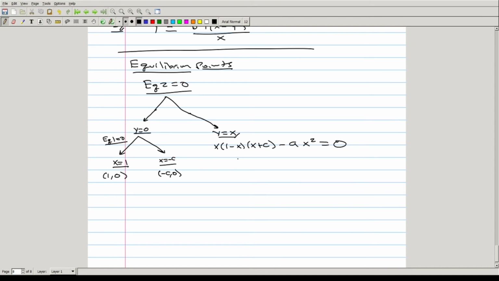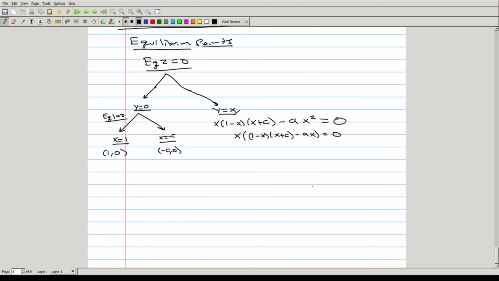So this is nice actually because we can factor this entire thing as x times 1 minus x times x plus c minus ax, and if we go through, this becomes a quadratic formula for x that solves this term right here being equal to 0.